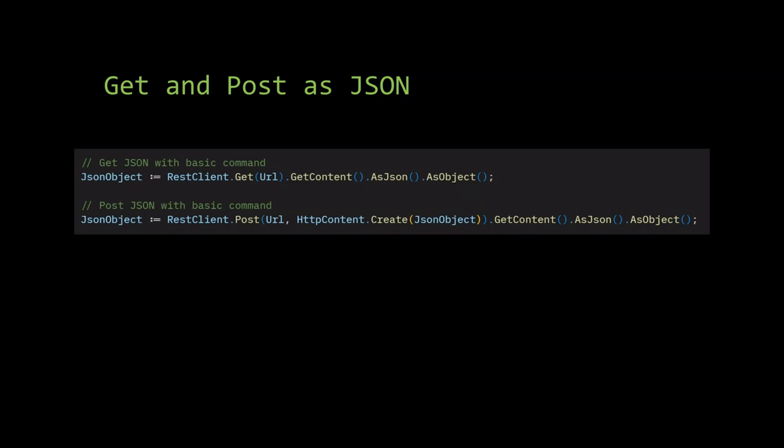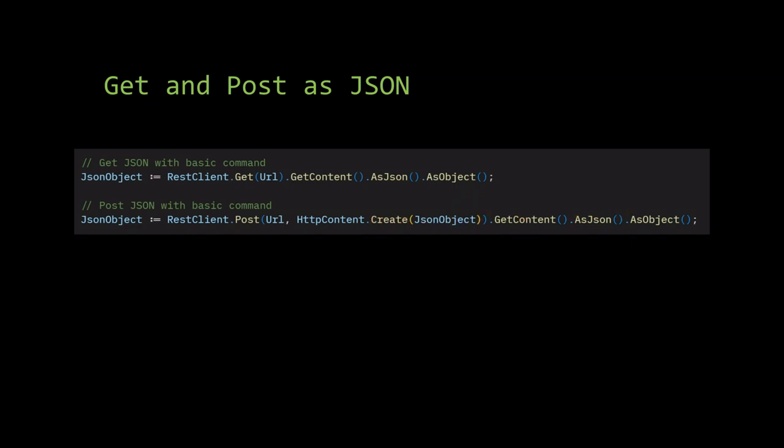We're getting and posting with the basic command. It gets the URL, and on the response message that the get returns, you get the content. You say, hey, give me that as a JSON and return it as an object. And when you post it, you say, okay, I post it and I want to create the JSON object as content.